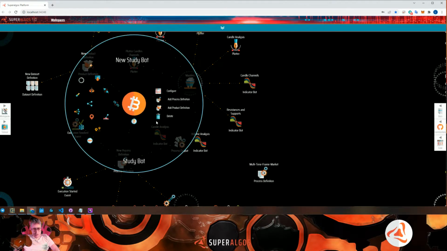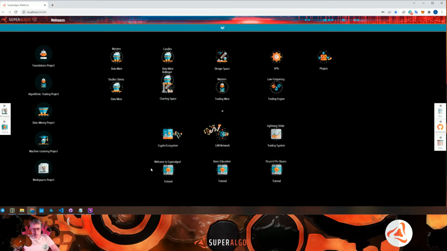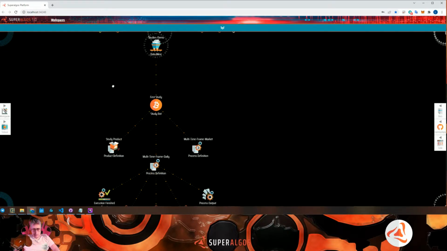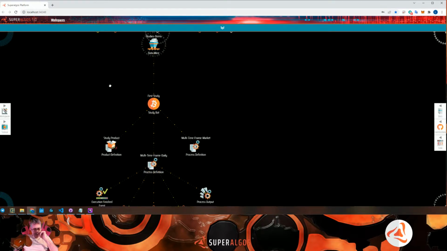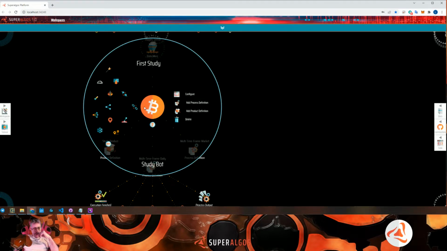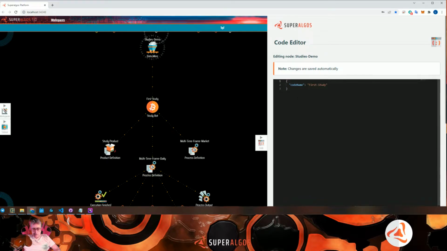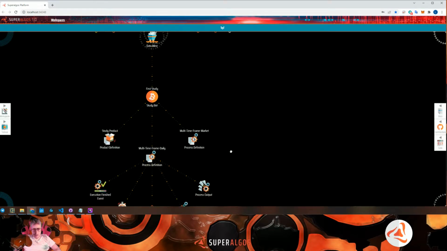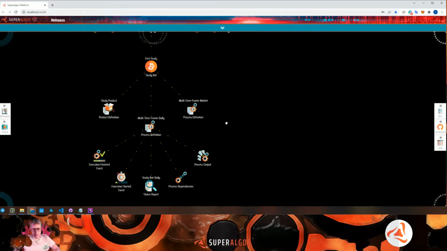Okay, so I already made an example here at this workspace, and you can see it here at the studies demo data mine. So remember, when you put this, remember to configure a code name for your bot, so that the console logs can have something to show you, and you know that this is running, not something else.